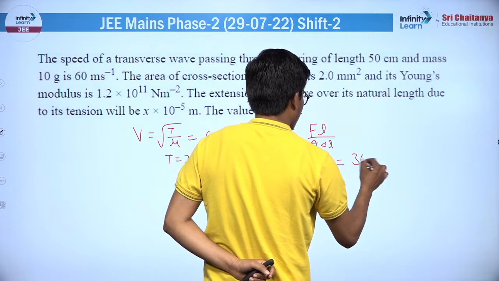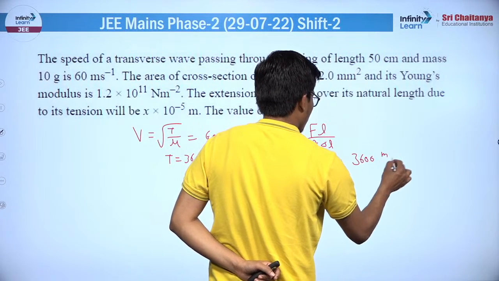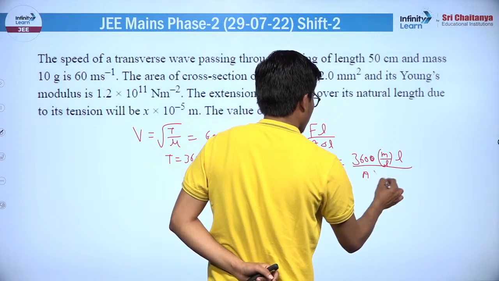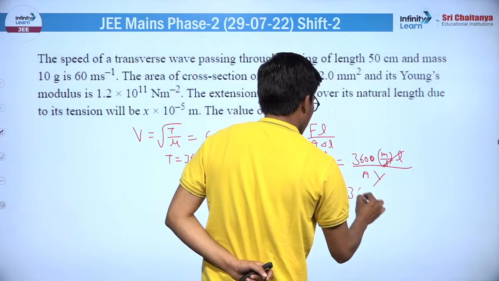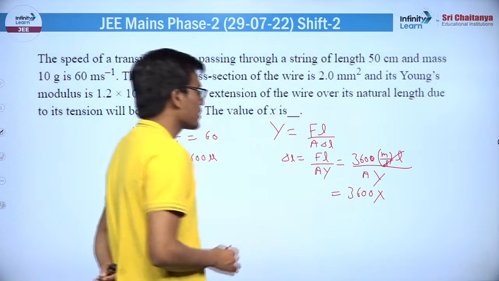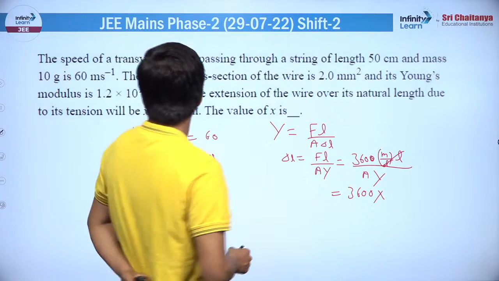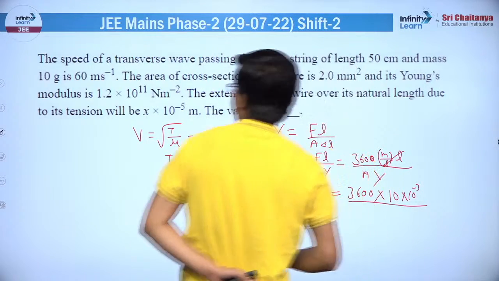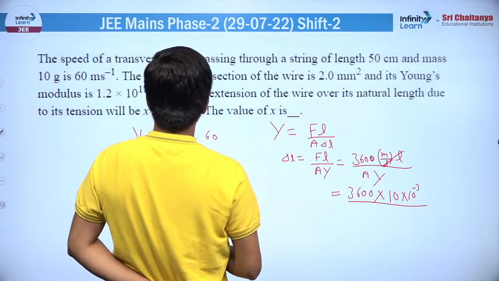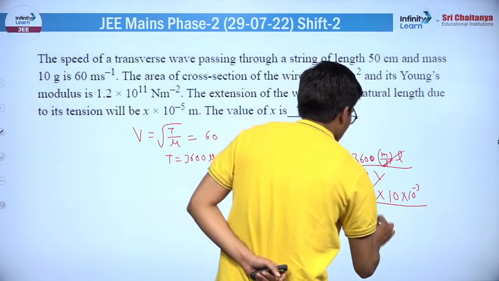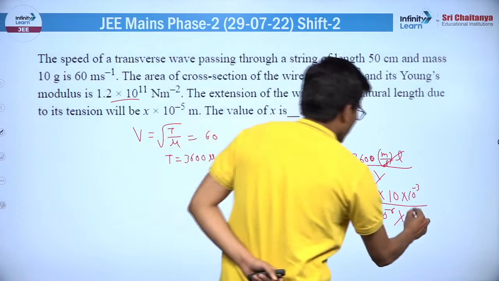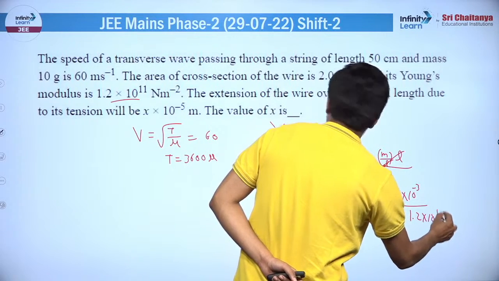Force I have calculated as 3600 mu, mass upon length, so this will be length upon area into Y, length and length will get cancelled. 3600 into mass, which is 10 gram, meaning 10 into 10 to the power minus 3 kg, divided by area, which is 2 mm square, meaning 2 into 10 to the power minus 6, Y is 1.2 into 10 to the power 11.